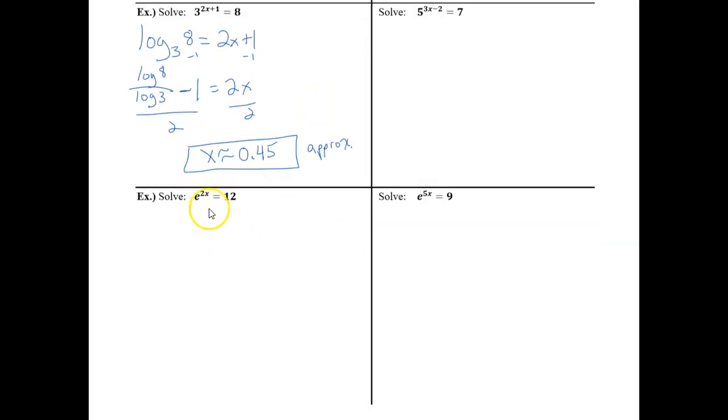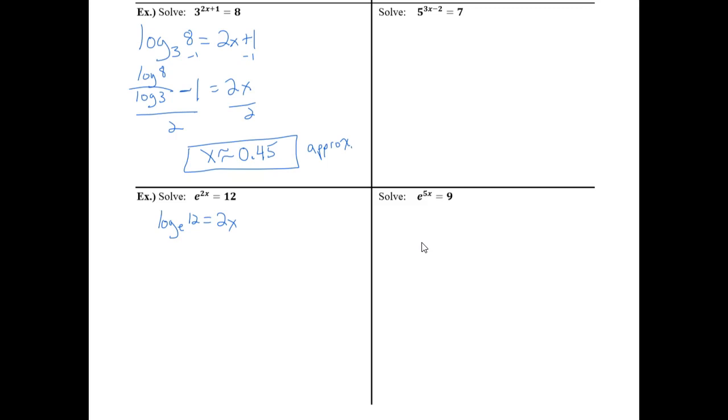Let's do one more here. Now this example has e to the 2x power equals 12. So when I rewrite this logarithmically, because this is still an exponential, exponentials have variables in the exponents, I can rewrite it logarithmically. I would say log base e of 12 equals, logs equal exponents, so the exponent was 2x.